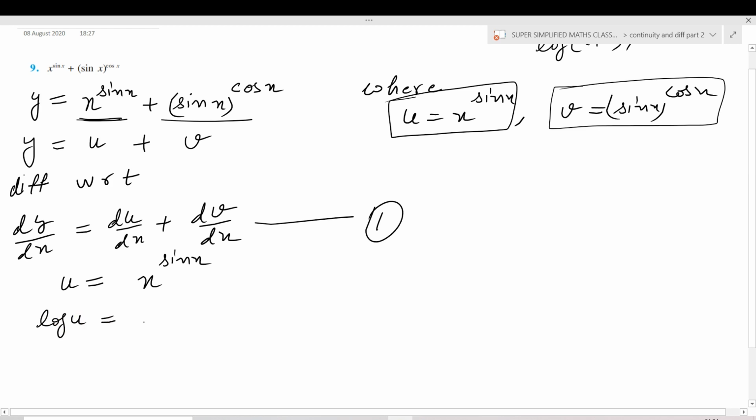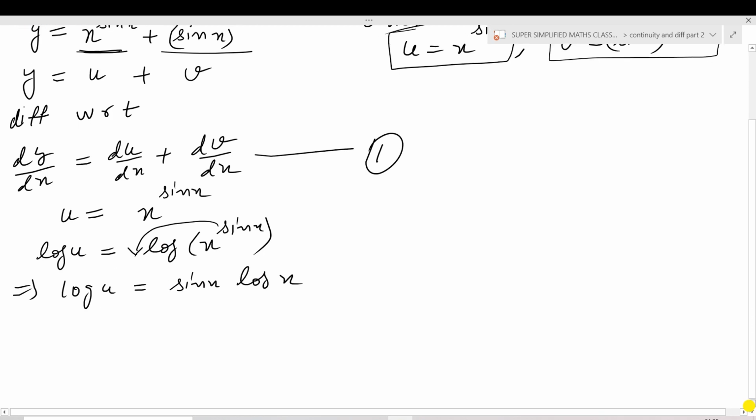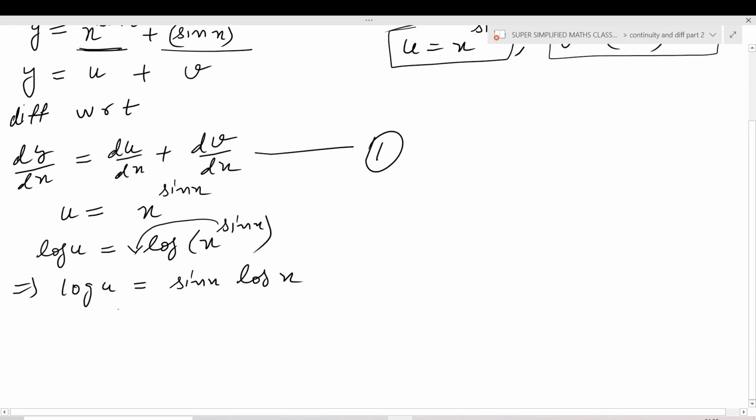That will be log u is equal to log of x raised to the power sin x. Now I use the properties of log. So I get log u is equal to sin x log x. This sin x comes here and becomes the multiple. Now at this step, I have to differentiate both sides again with respect to x.